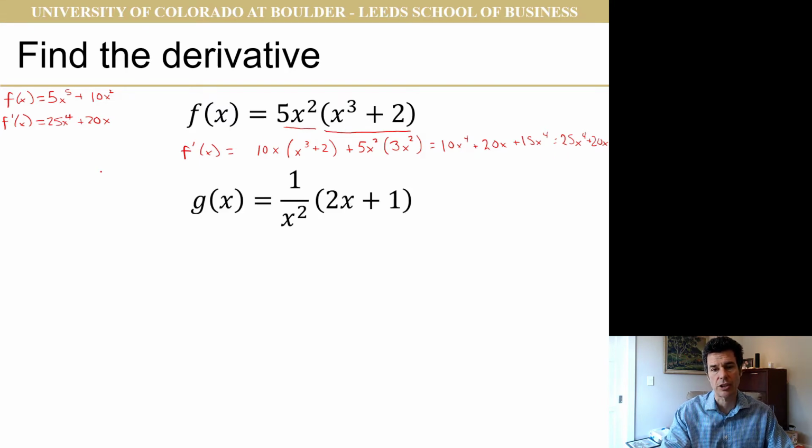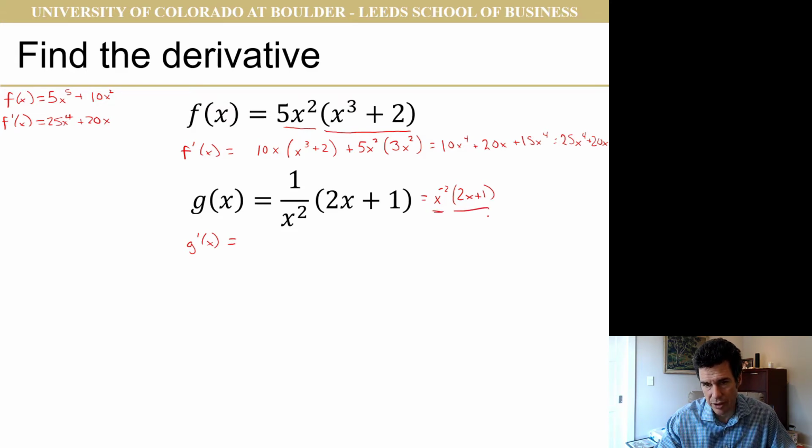Okay, our next function, g of x equals 1 over x squared times 2x plus 1. This is probably easier to rewrite as x to the minus 2 times 2x plus 1. Now we take the derivative: g prime of x equals x to the negative 2 is our first function, 2x plus 1 is our second function.